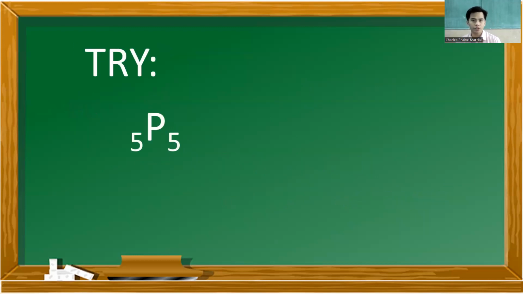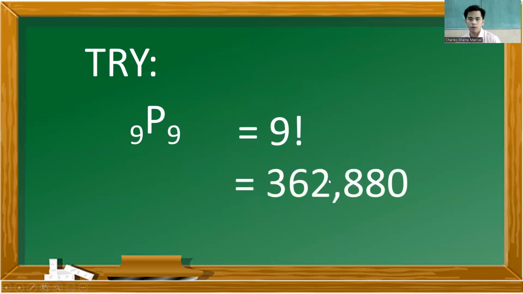And 5P5, permutations of 5 taken 5 at a time, we will just multiply 5 factorial, and that is equal to 120. And 9P9, 9 factorial is equal to 362,880. But take note, mas okay kung i-expand nyo muna yung 9 factorial or kahit anong number na given dyan para mas magandang may solutions tayo.